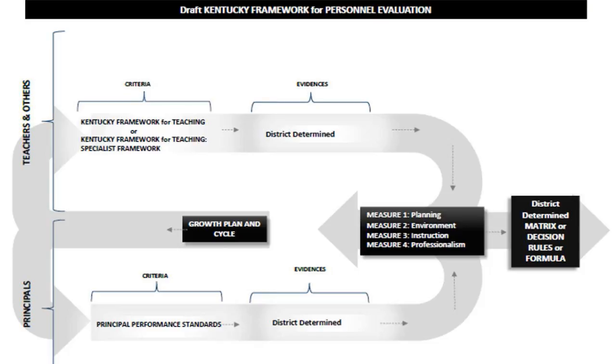On the left, we had talked about the criteria, which are the performance criteria for teachers, other professionals, and at the bottom, of course, principal and assistant principal standards, where the descriptors, the domains and the standards are all located that will help guide you or your supervisors into what to look for.